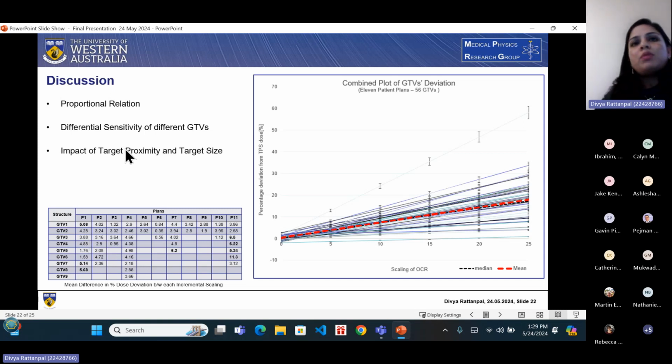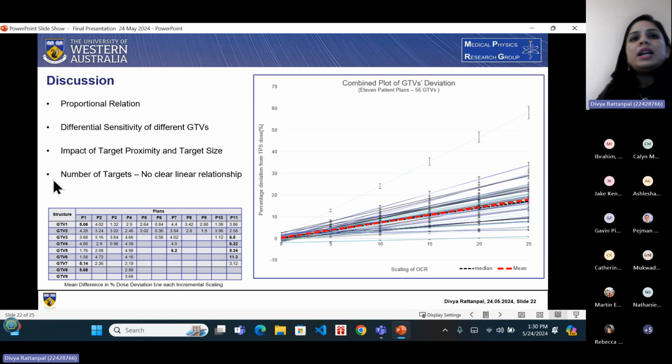Regarding the impact of target proximity and target size, analyzing 11 patients, I can say that target proximity and target size impact the adjacent targets, resulting in more peripheral dose contributed to the adjacent targets.